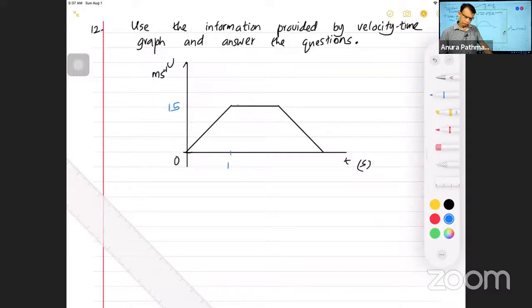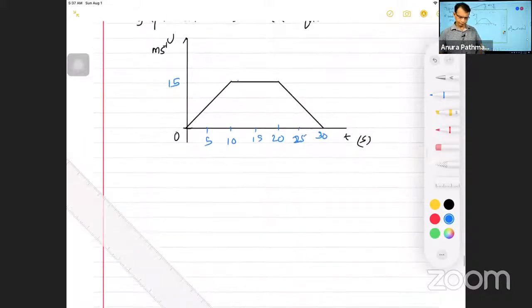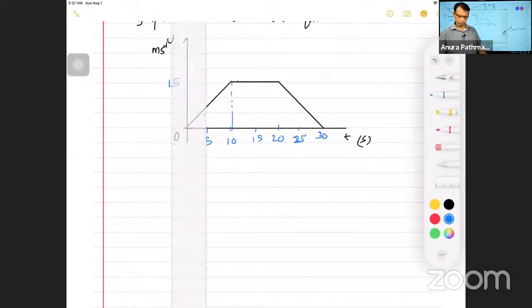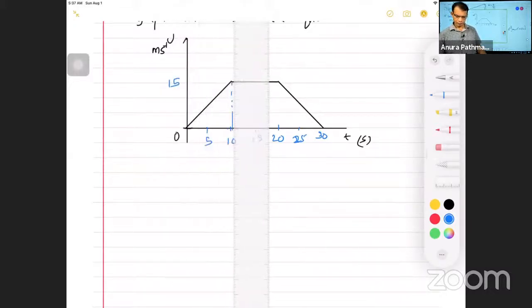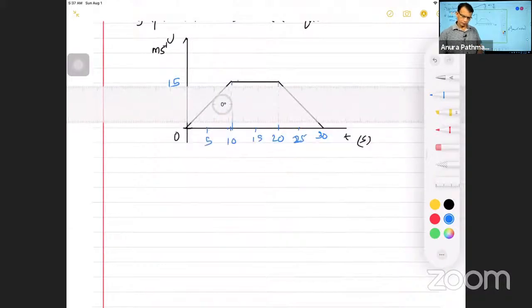Time: 5, 10, 15, 20, 25, 30. Then you get the other way around.